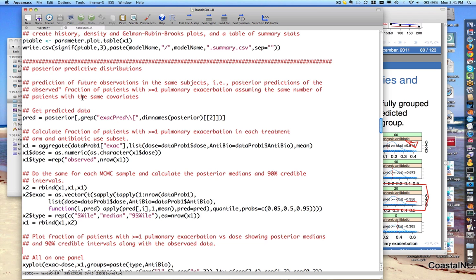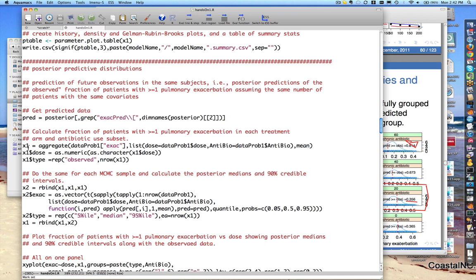So this is where we start out by first of all grabbing our posterior matrix, which has all of our MCMC samples in it, and just grabbing the subset that contains our predicted values, which I had called EXAC pred. So that's our predicted exacerbation occurrences there. Again, that's simulated binary data in this case.